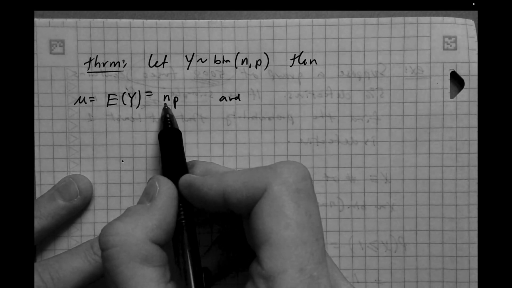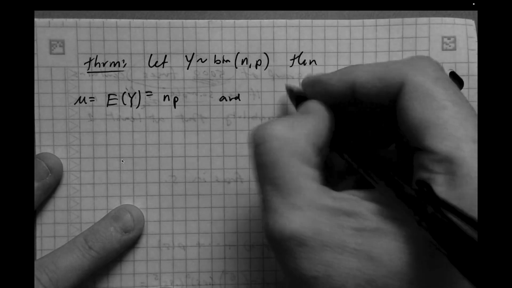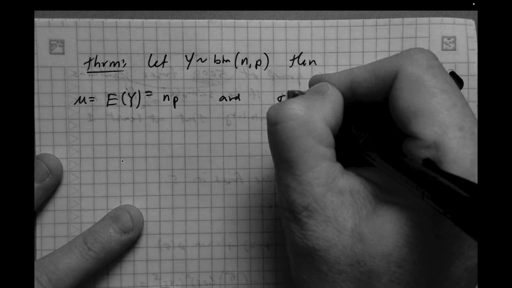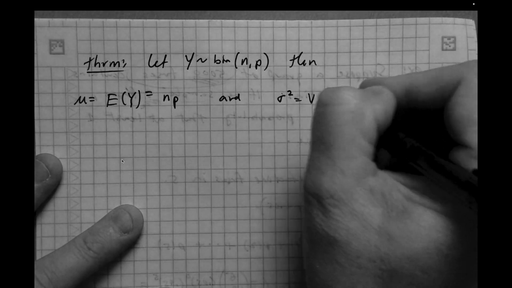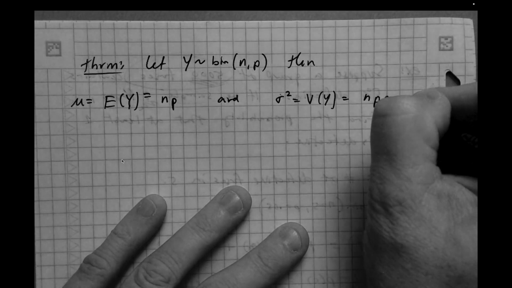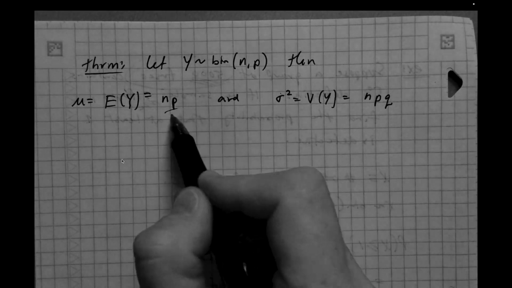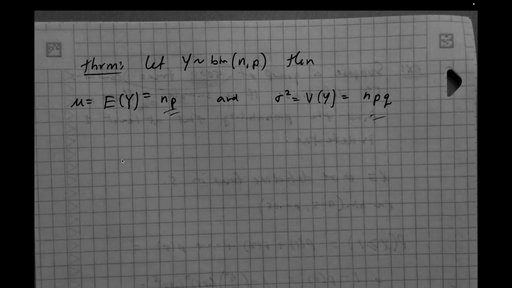The number of trials times the probability of success, that's the mean, very nice. And the variance of Y is going to be equal to n times p times q. Okay, very nice. So these are very simple expressions for the mean and the variance.